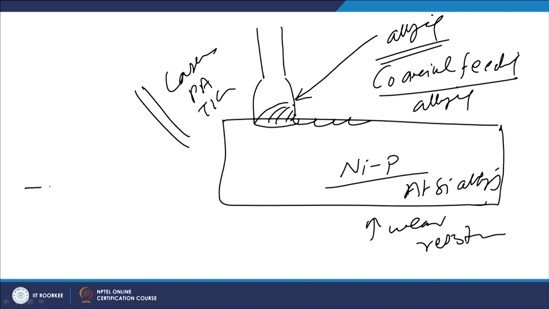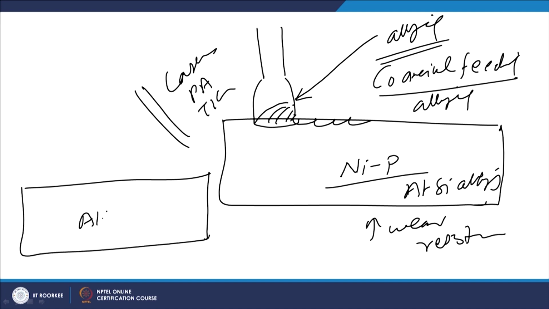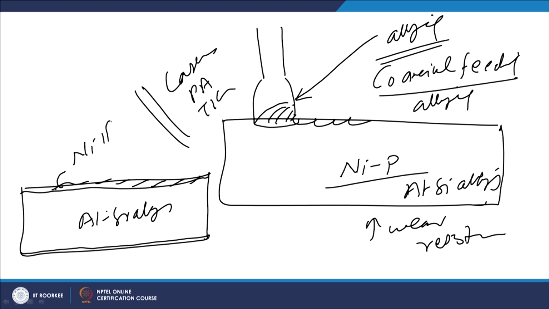So, in that case, basically the substrate is of the aluminum silicon alloy, and at the surface we have the nickel phosphorus layer developed by controlled laser alloying. So, nickel and phosphorus concentration at the surface layers will be more through the controlled alloying for enhancing the wear resistance.